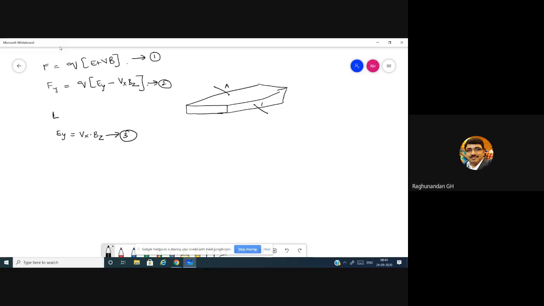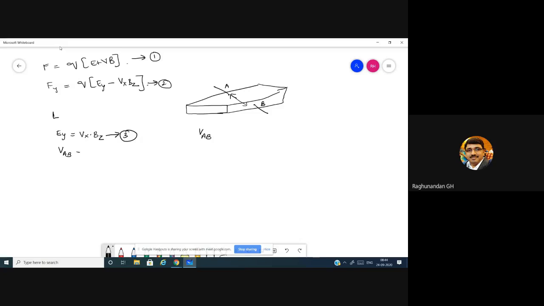This is A and this is B. What is the voltage between A and B called, or the potential difference? Hall voltage. Since it is between A and B, I will take it as VAB.